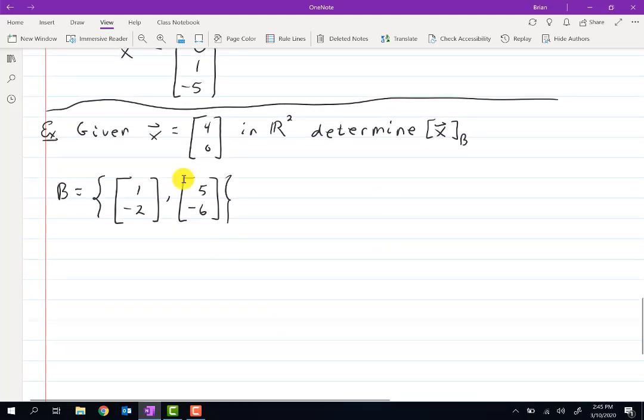So to convert this, remember, we have this equation. We have 1, negative 2, 5, negative 6 times x sub B equals x. So I'll put in what I don't know and solve for what I do know, or reverse what I just said. So in order to figure out this thing, given an x, I have to multiply both sides by the inverse of this matrix.